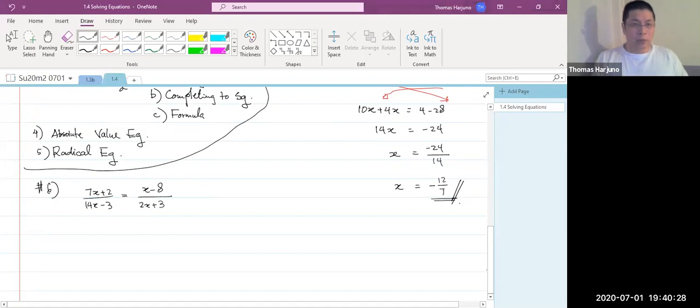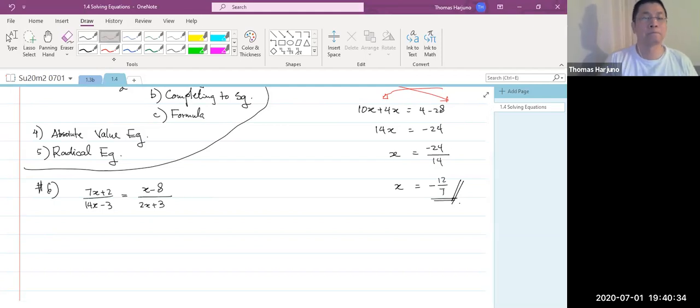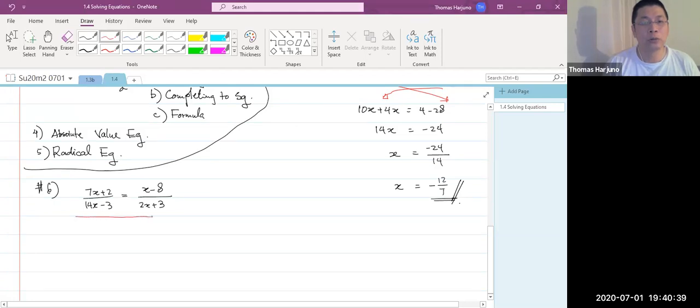In pre-algebra, I believe your instructor told you that you do cross multiply. When you have a ratio, a proportion, you do cross multiply. But the background of that cross multiplication is actually multiplying both sides by the LCD.